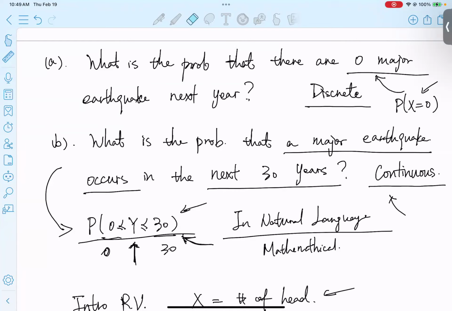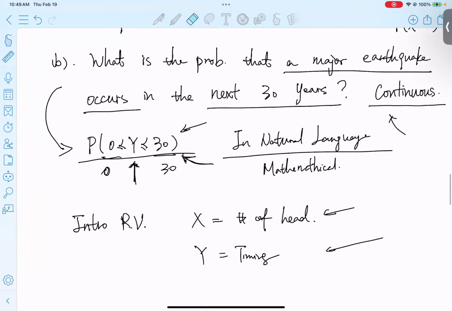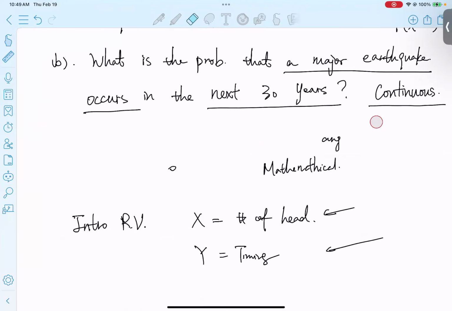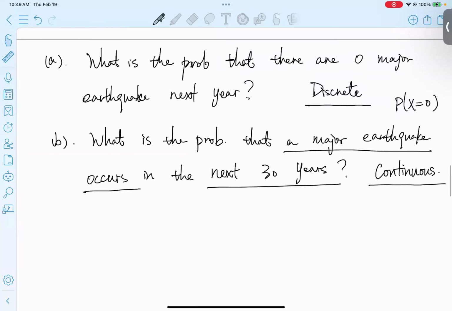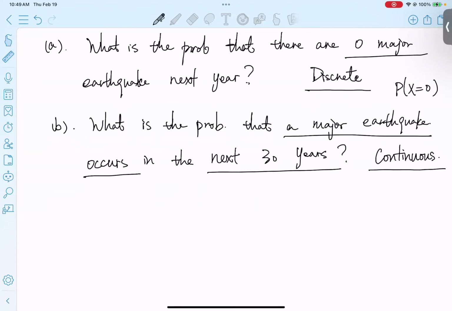The thing is that for part A, this is the discrete case, so you can only calculate the probability from the probability mass function. So I was going back to this: it is asking for exactly 0 earthquake, so we want the discrete probability mass function. And here, a major earthquake occurs in the next 30 years, or maybe within.